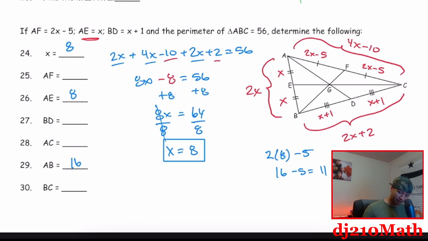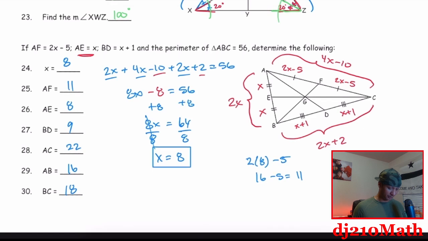So AF is 11. AC, 22, is double. And then lastly, BD. BD is 8 plus 1, which is 9. So BC, 9 and 9, 18. That one was fun.